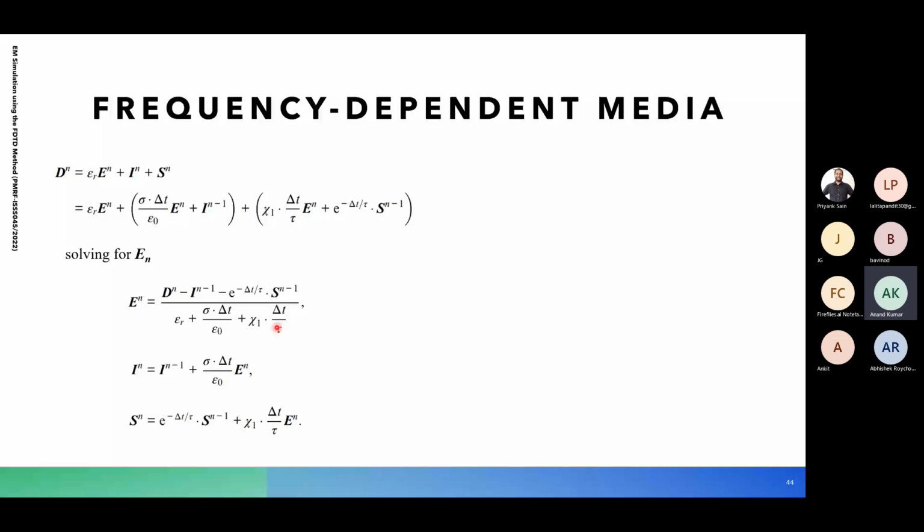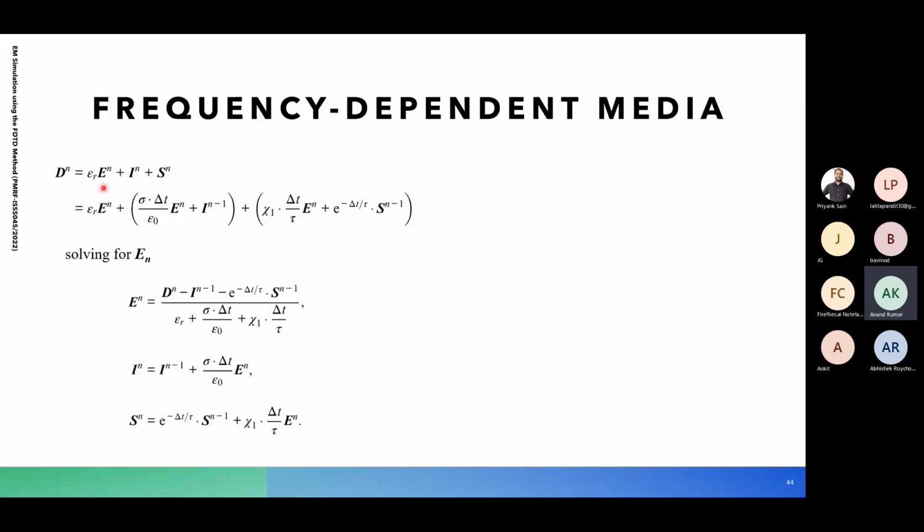And what about the In and Sn? For them also we have the update equations over here. In can be expressed in terms of the past value of In and the electric field value. Similarly, Sn can be calculated from the past value of Sn and the electric field value of the current instant.